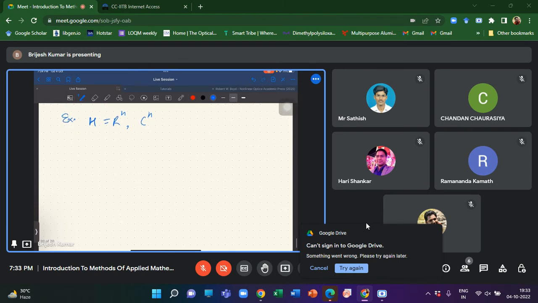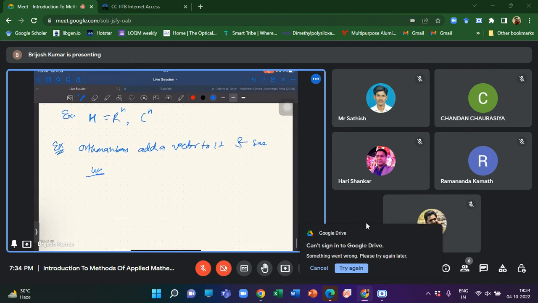Take this example: let us take one orthonormal basis, add a vector to it, and see what happens.